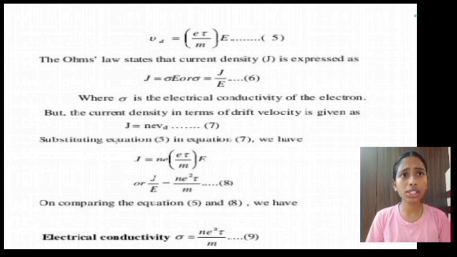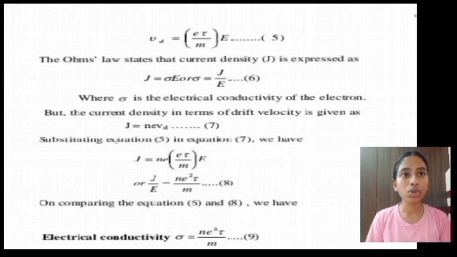Ohm's law states that current density is expressed as J equals sigma E, or sigma equals J divided by E, which is equation 6, where sigma is the electrical conductivity. But the current density in terms of drift velocity is given as J equals n e vd, which we will take as equation 7.